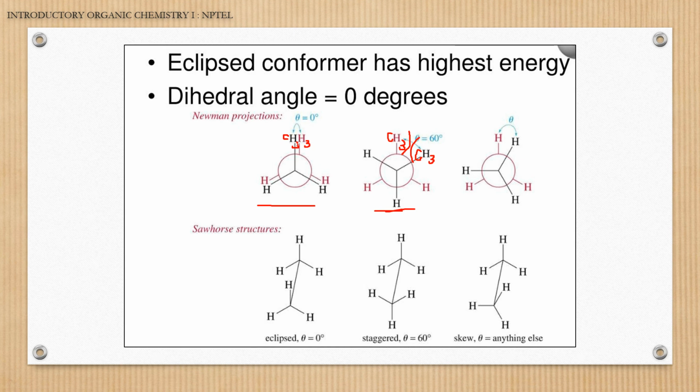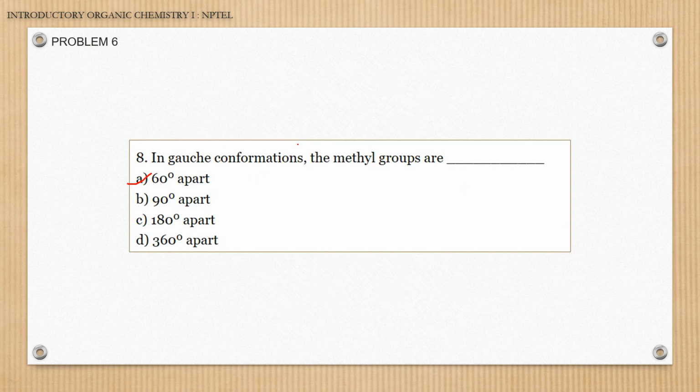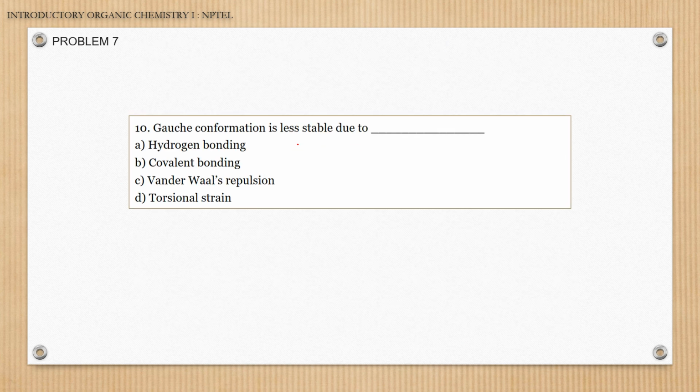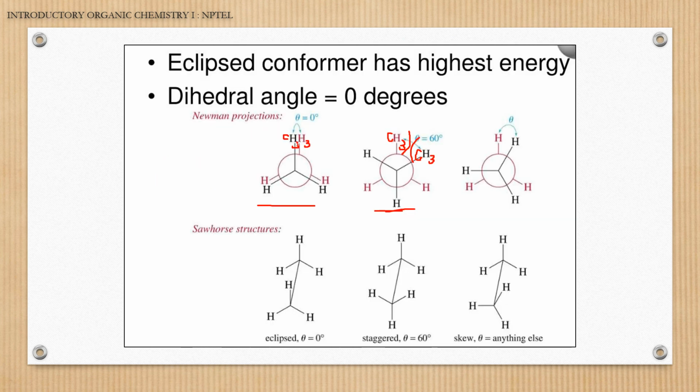Is it clear to everyone which strain is responsible for the instability of this conformation? So which will be the correct answer? It's not the torsional strain. Torsional strain is present in the eclipsed conformation.